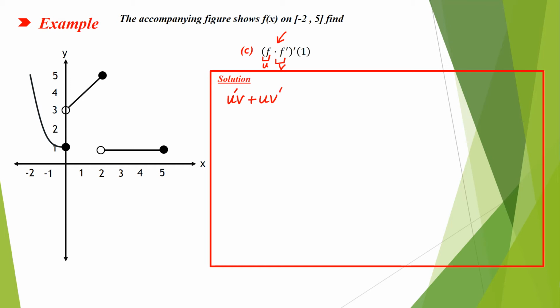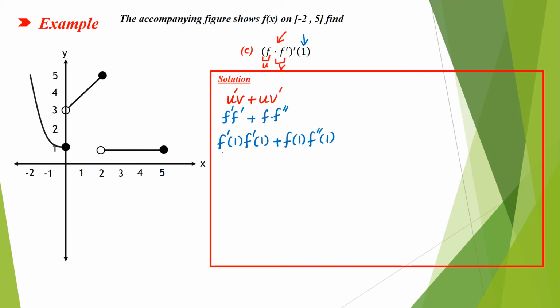Now u prime equals f prime times v, which is f prime, plus u, which is f, multiplied by v prime, which is f double prime. But you have to find this derivative at x equals 1, so you have to find f prime of 1 multiplied by f prime of 1 plus f of 1 multiplied by f double prime of 1.